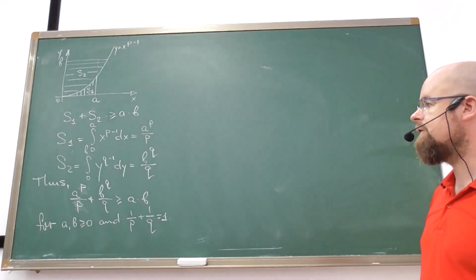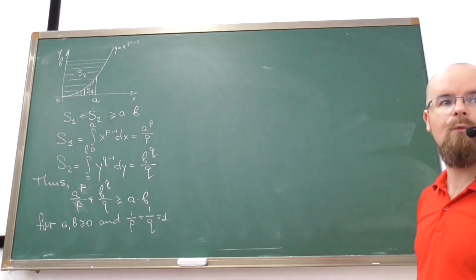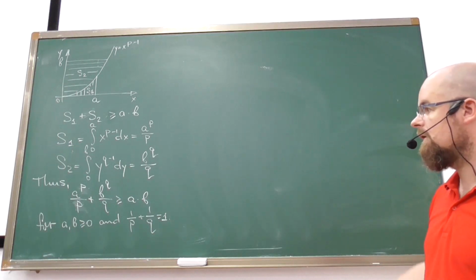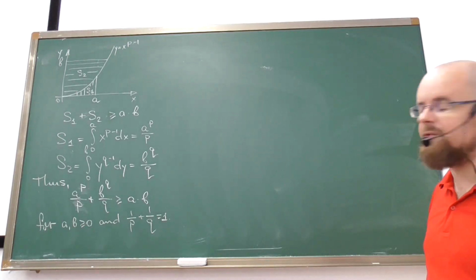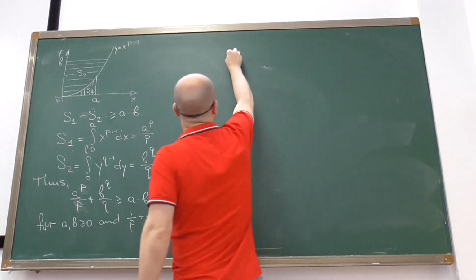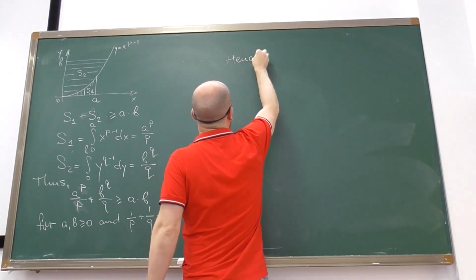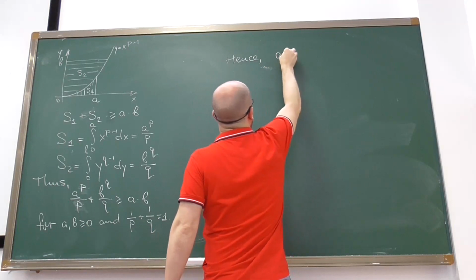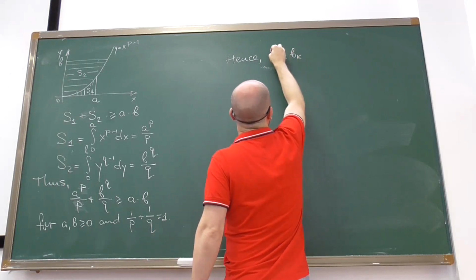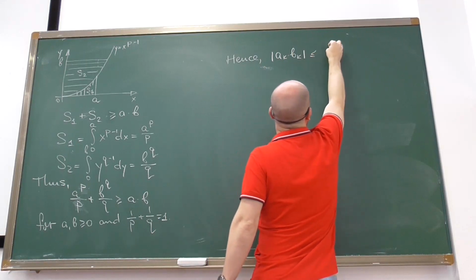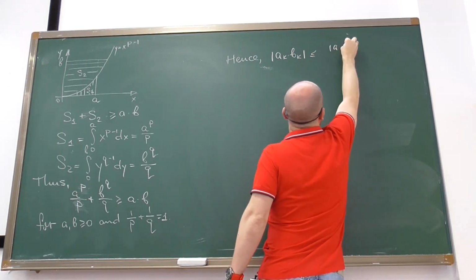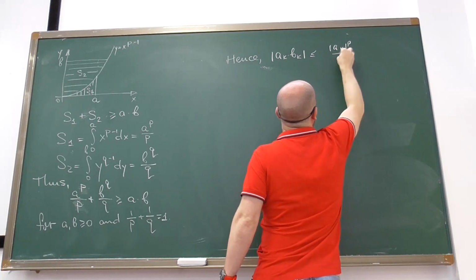And now we will use this inequality to prove our Hölder inequality. So first of all, instead of a and b, we substitute a_k and b_k. And I will take the absolute values as well. So less than or equal to a_k to the power of p over p plus b_k to the power of q over q.